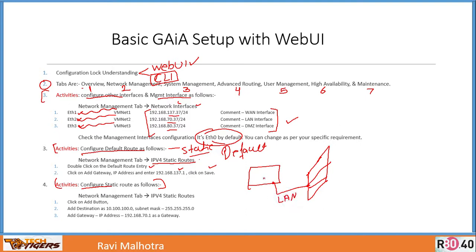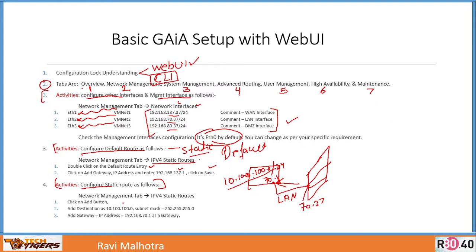Its IP address is 70.1. Firewall IP address is 70.37. And over the core switch, I have another VLAN, something like 10.100.100.0 slash 24. So the firewall should have a route for this network towards 70.1. This is what I'm going to do now.